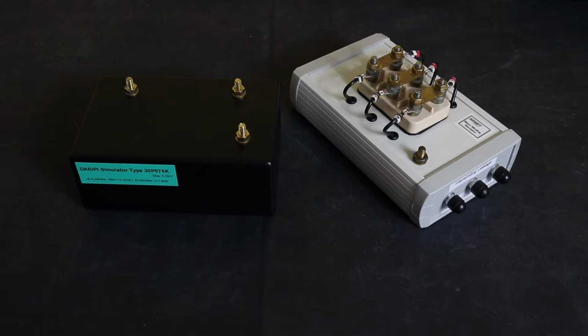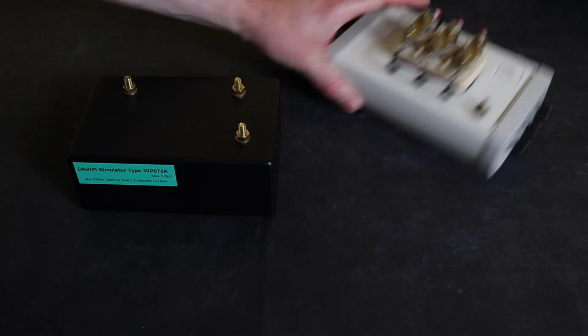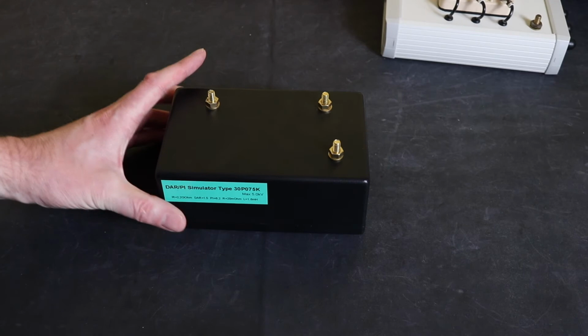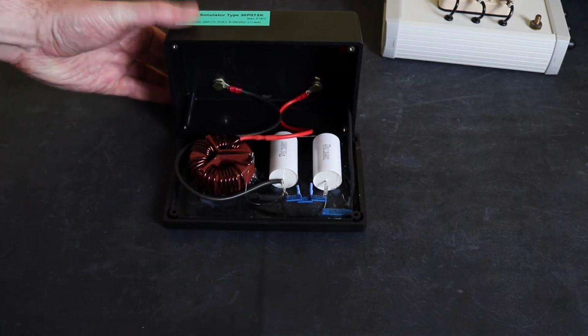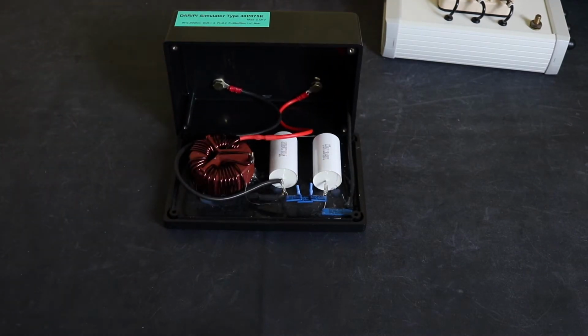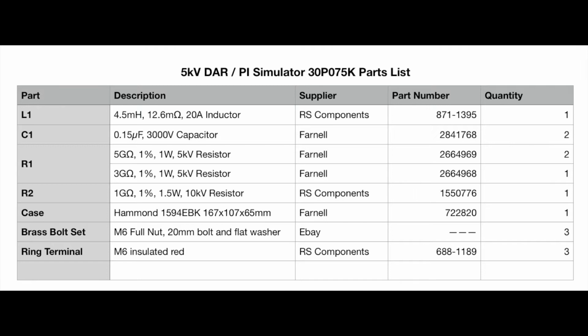So the one I've built up to work with the MTR 105 is on the left there. Take the one out of the way, and this one, you can see they're quite basic inside. I'll put up the schematic diagram along with the parts list as well, and it's basically a capacitor charging circuit with a fixed resistor across the capacitor to give the end resistance that I'm looking for.